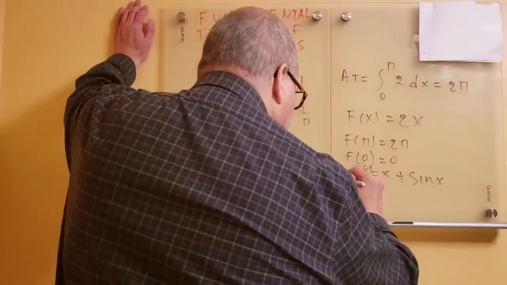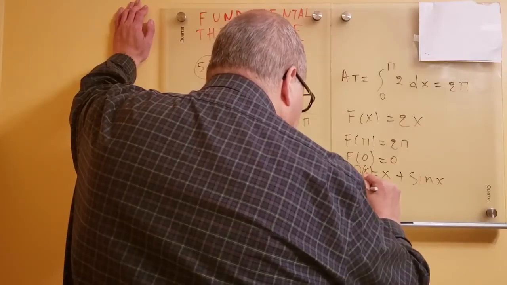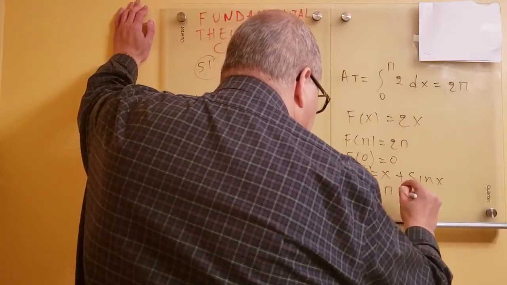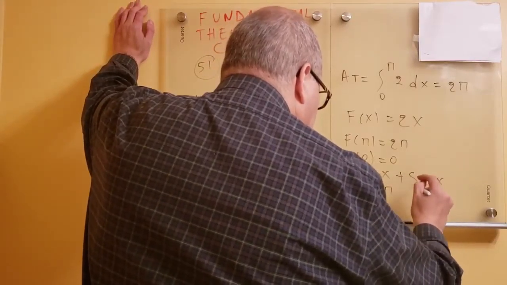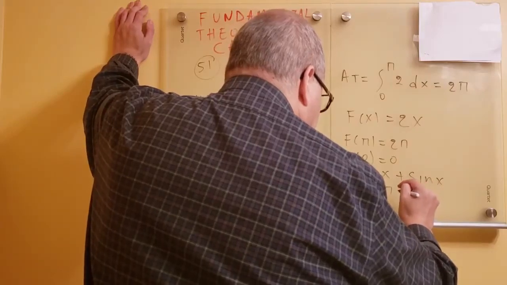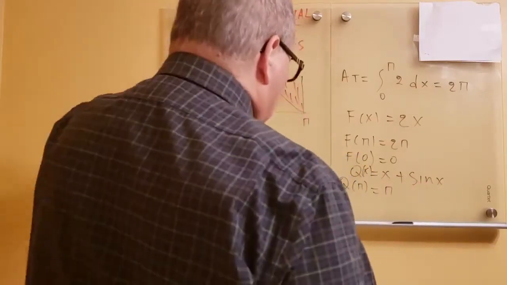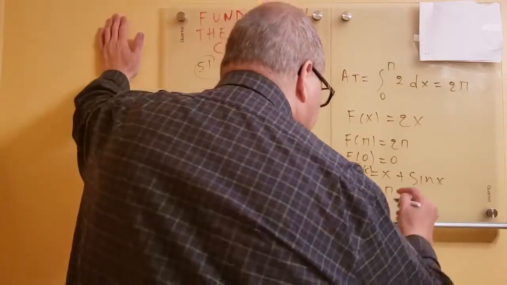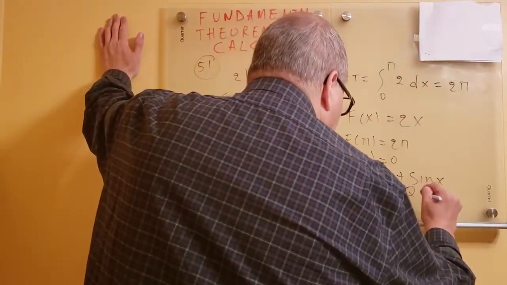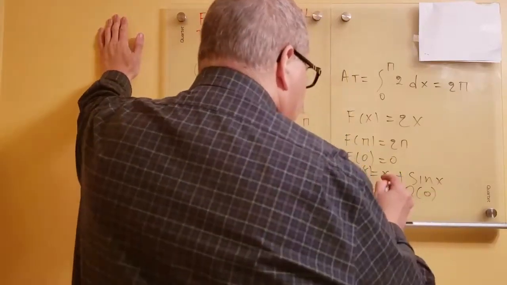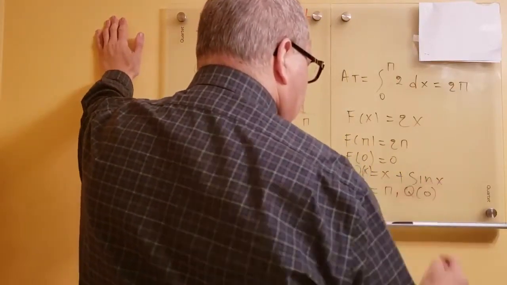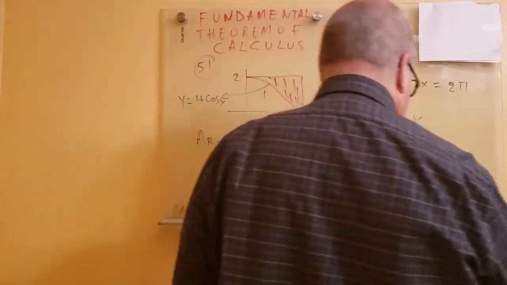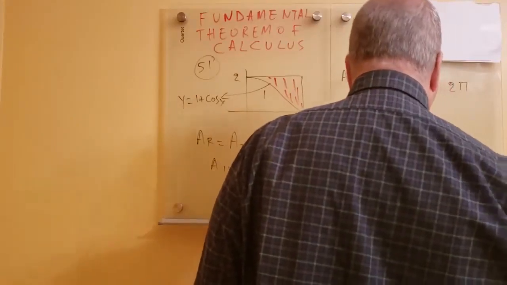So if you find the Q at pi, it should be pi plus the sine of pi. The sine of pi is equal with 0. So the Q at pi is pi, and the Q at 0 is 0 plus the sine of 0, it's again 0, so it's 0.